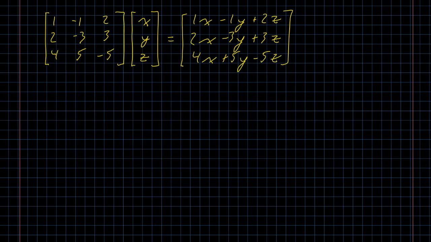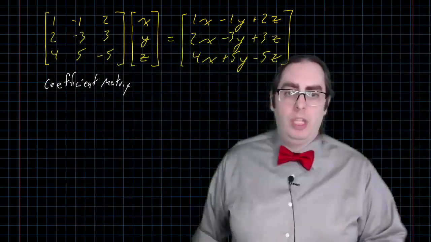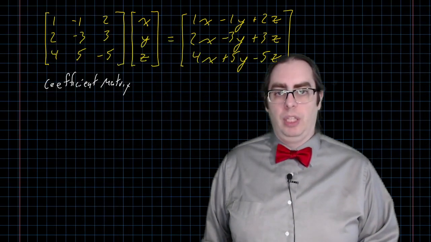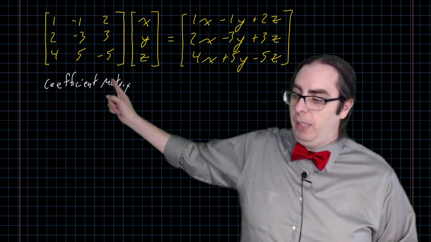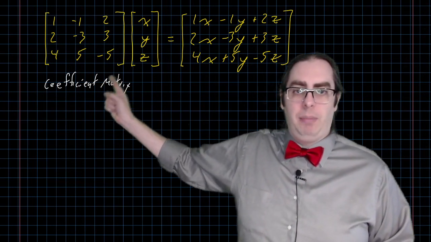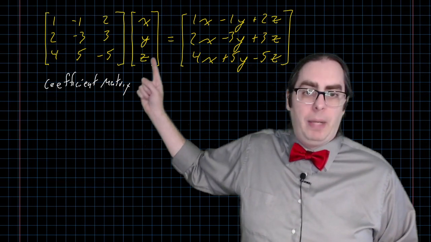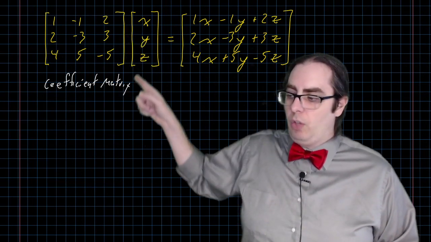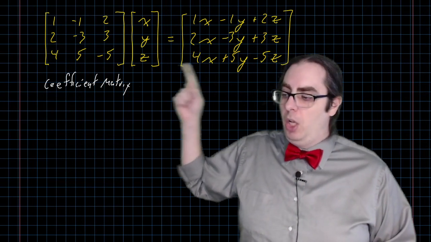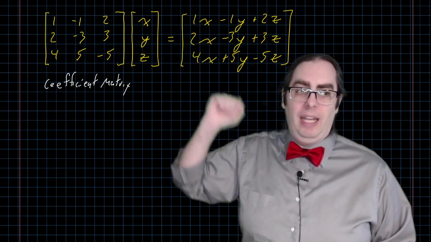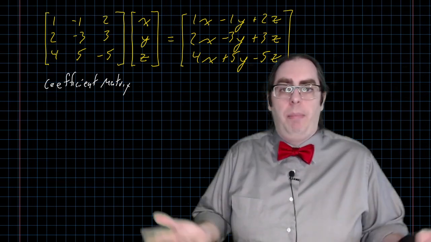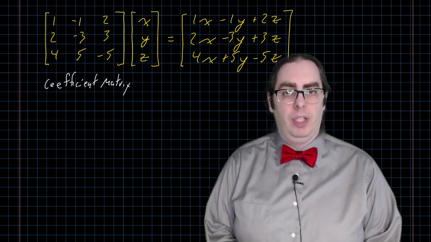If we take a matrix, specifically the coefficient matrix that we talked about when we started looking at the augmented matrix and Gauss-Jordan elimination, and we set it up as a matrix by itself, and then we multiply it by a column vector whose entries are the variables in our system, we're going to end up with a set of expressions which make up the left-hand side of a system of equations.